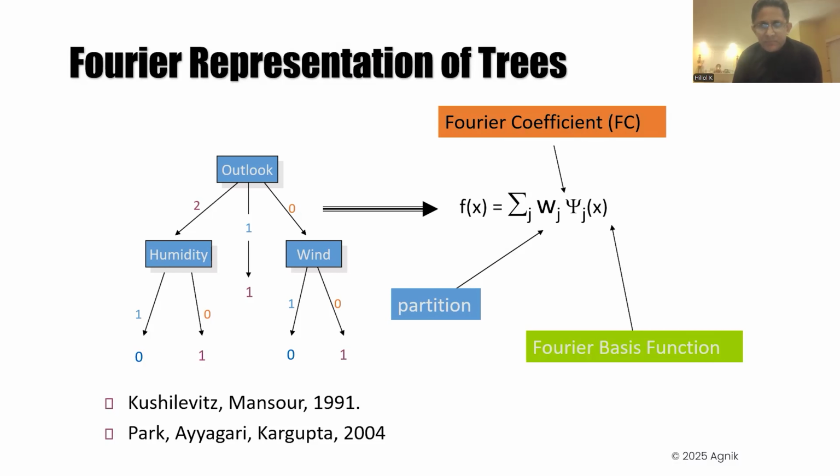There exist some papers on that: Kushilevitz and Mansour, Park, Agrawal and Kargupta, and myself in my lab worked on that. Essentially f(x) can be represented as a weighted summation of the Fourier basis functions.